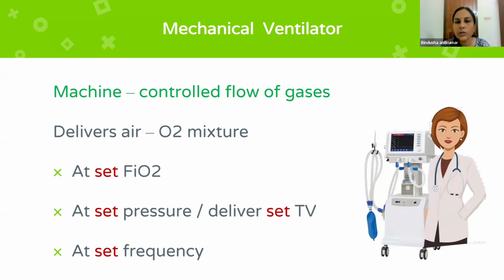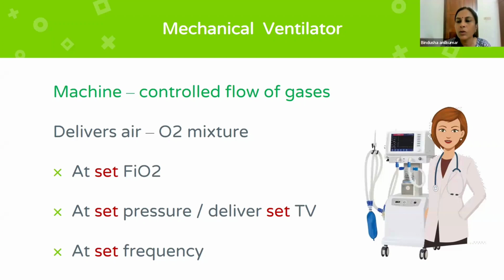So the person who is standing near the ventilator is more important than the ventilator. Even if you have a very fancy ventilator, with all the settings and all the modes of ventilation, if you don't know how to set the ventilator, you will not be able to give adequate ventilation.